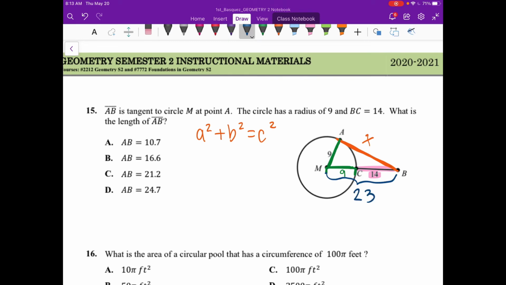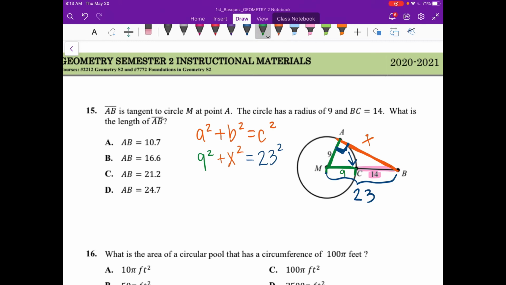Now this is going to represent the hypotenuse of my triangle because this should be perpendicular. The tangent line should be perpendicular to the radius in that case. So I know that my hypotenuse is always across that 90-degree angle. So I'll be replacing the c value with a 23. The a and the b value don't really matter. I'm just going to say that a is 9. And I'm looking for b, or x. I labeled it as x, so that's the way we're going to write it.